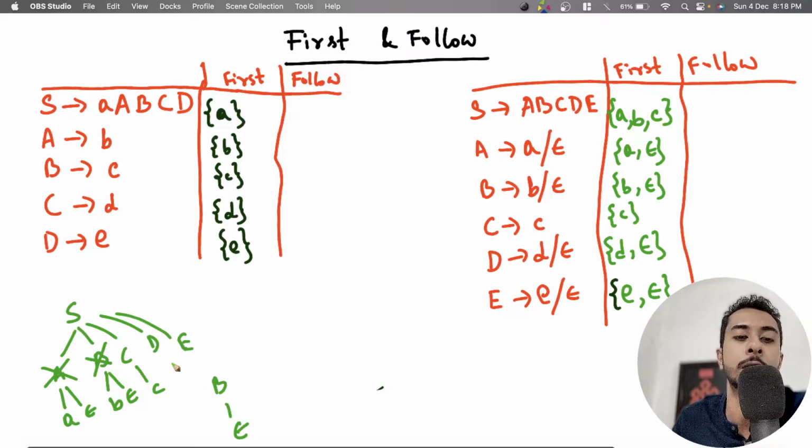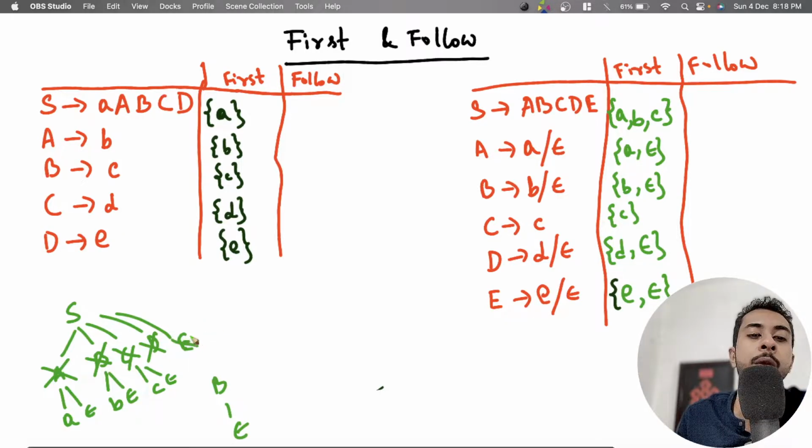Now see, why can't I go further? Because C is not producing epsilon, so I cannot nullify this capital C. If C could have produced epsilon, then it could have been nullified, and I could have taken the first of DE, which is d or epsilon. So I would have written d here, and epsilon could have nullified that too, then E. In this way it would go.